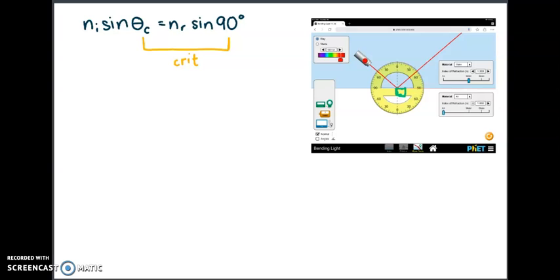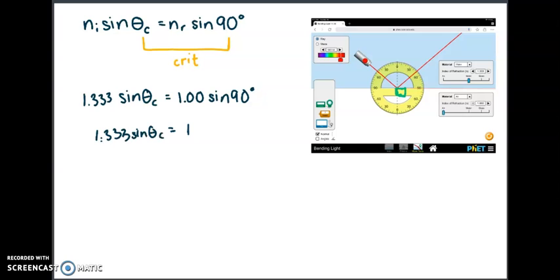It's going from water into air, so that's 1.333 sine something, I don't know what it is, equals NR, that's air, sine 90. And my calculator peeps, sine 90 is 1, so this is 1 is equal to 1.333 sine of the critical angle.